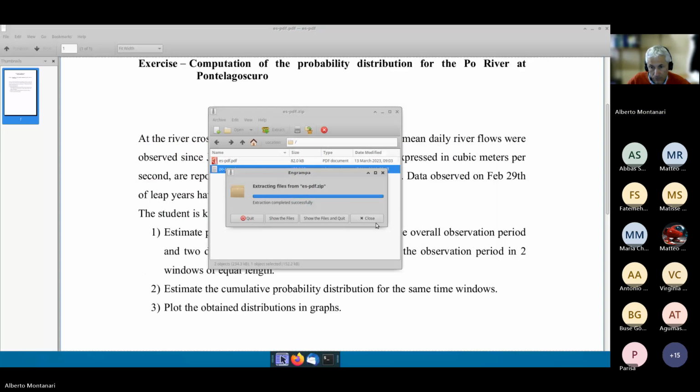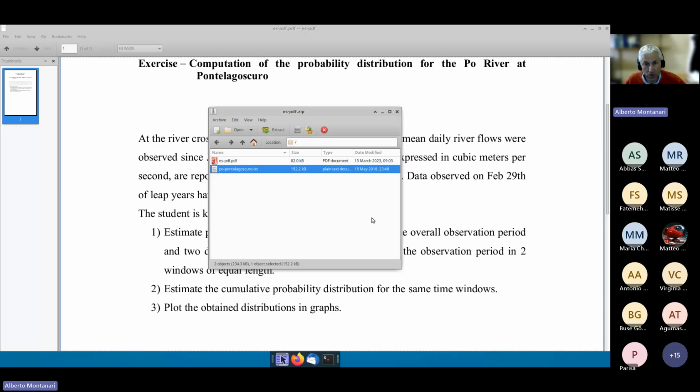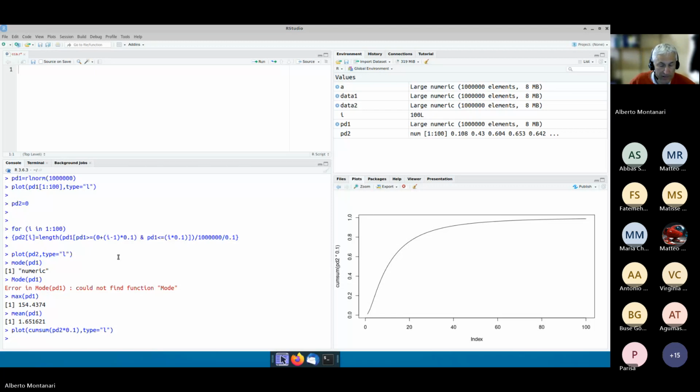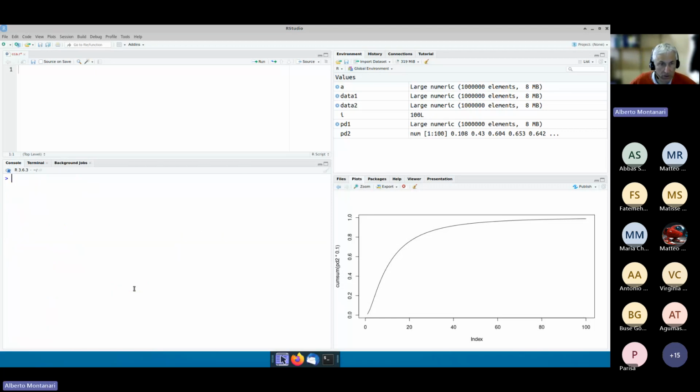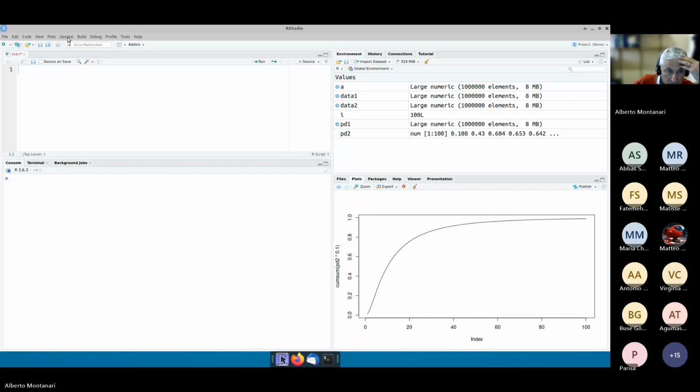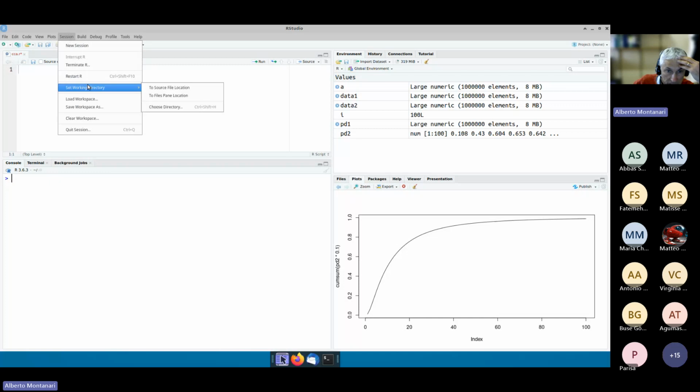Good, it was completed. And now I can go into RStudio and upload it. Let me clear the console and define the directory: Session, Set Working Directory, Choose Directory.